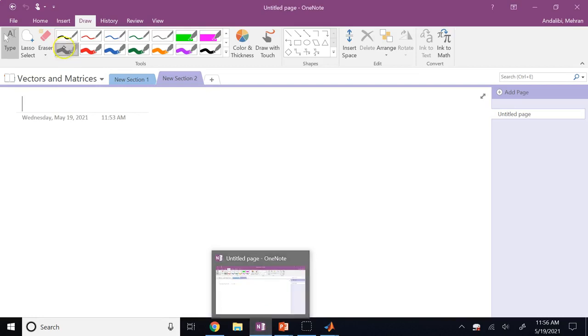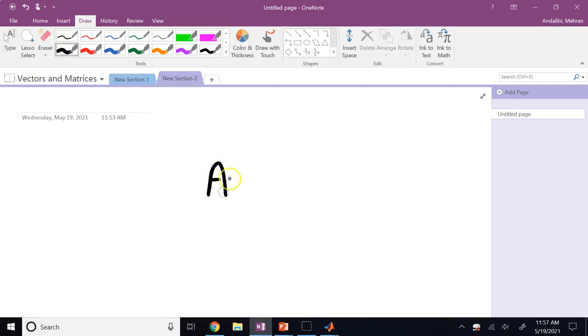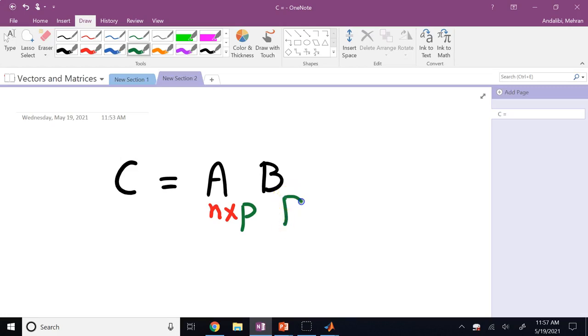In general, if you multiply matrix A by matrix B and get matrix C, you need some specific dimensions for A and B to be able to multiply them together. So if A is n by P, n rows and P columns, then B has to have the same number of what?